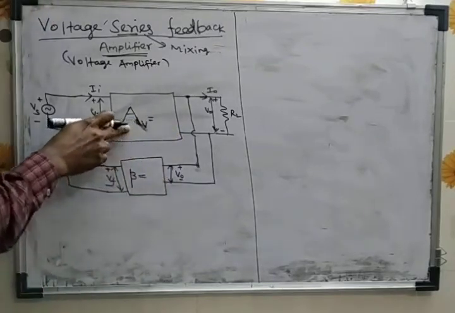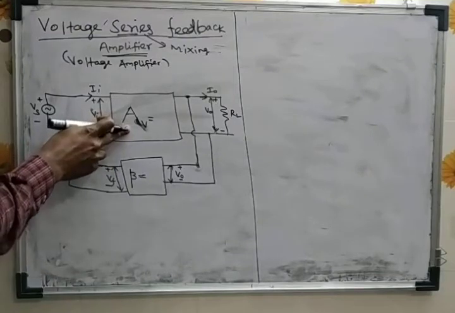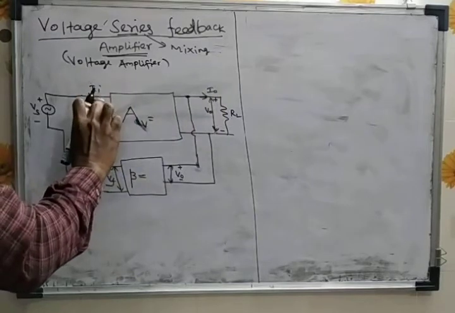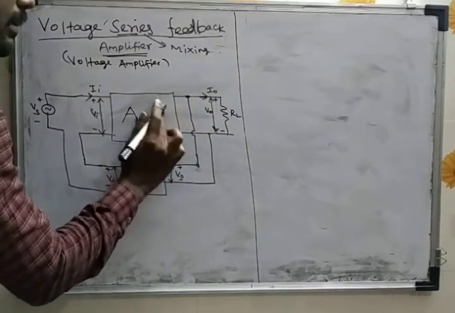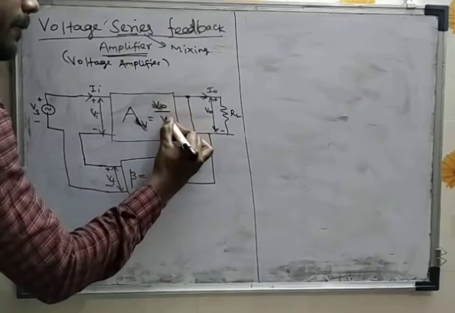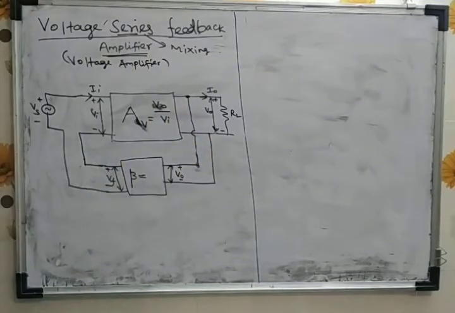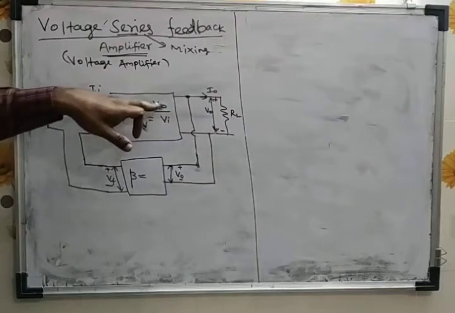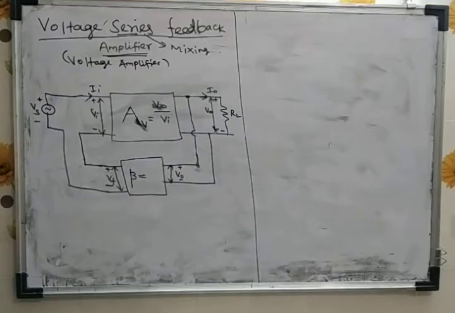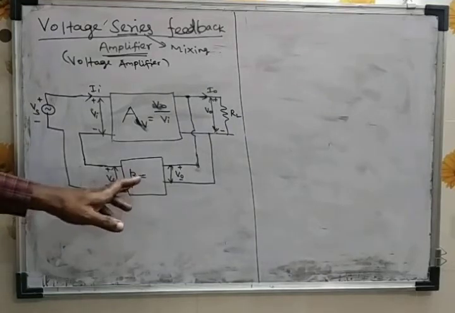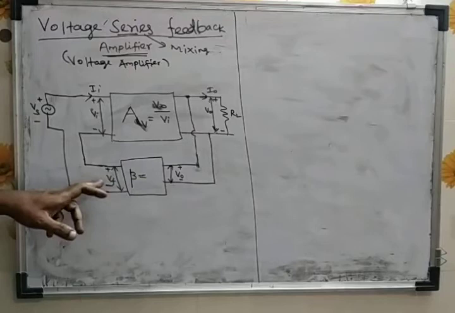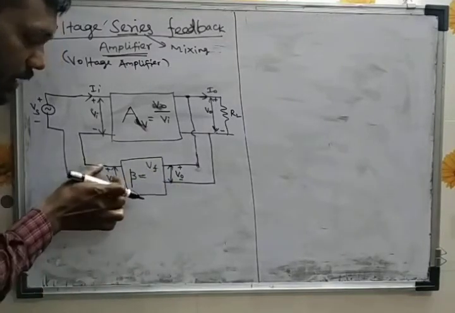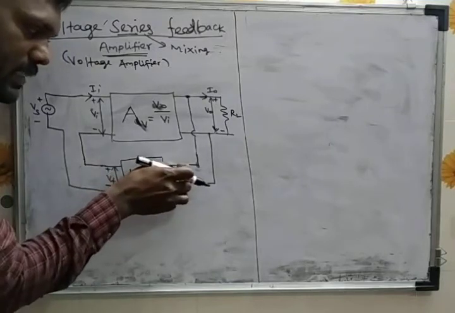So this is the gain of the amplifier without the feedback network. Without the feedback network means output of the amplifier V naught divided by Vi. So the gain of the amplifier without feedback AV is equal to V naught by Vi. Similarly, feedback factor beta is output to input, that is, output voltage here is Vf and input to the feedback network is V naught.